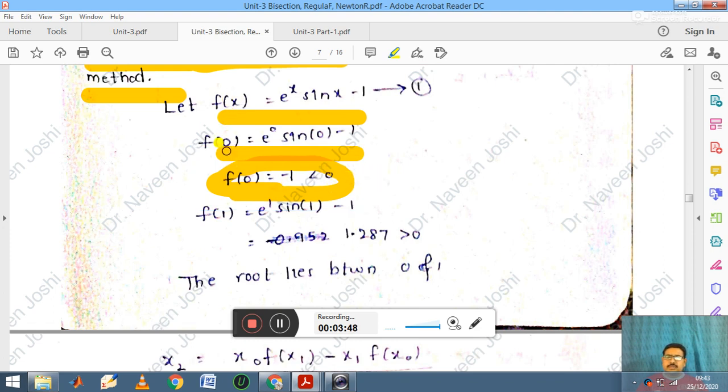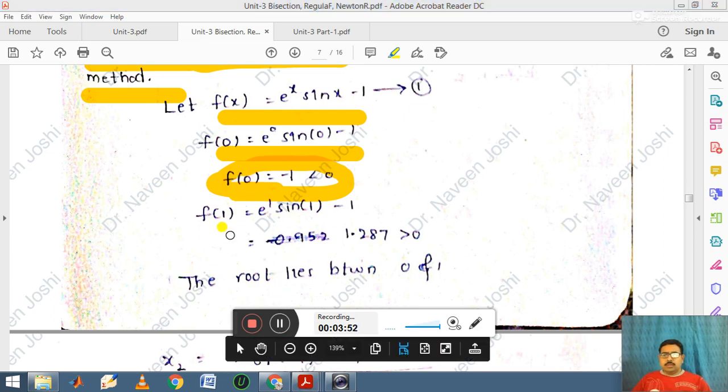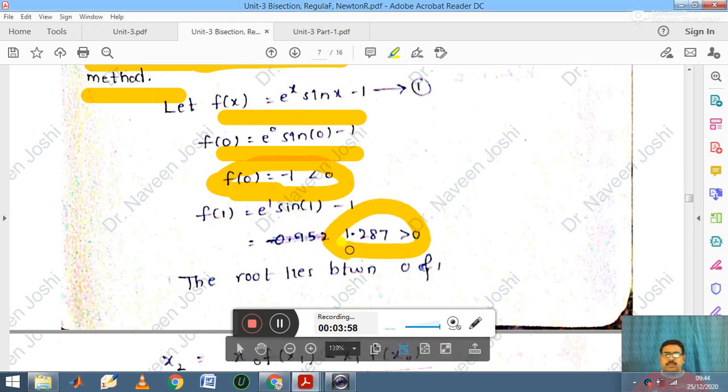If you put x equals 0, you get f(0) as minus 1, then put x equals 1, then f(1) gives a positive value. So f(0) is negative and f(1) is positive. Therefore your a value is 0 and b value is 1.